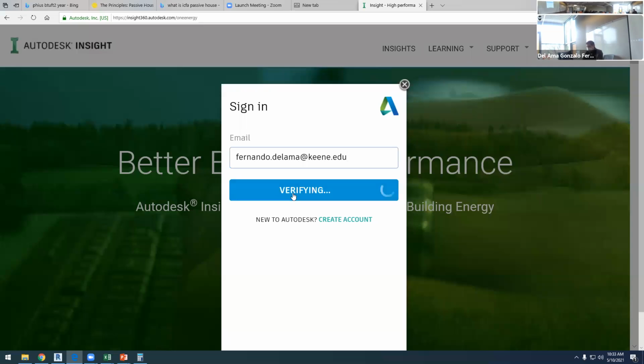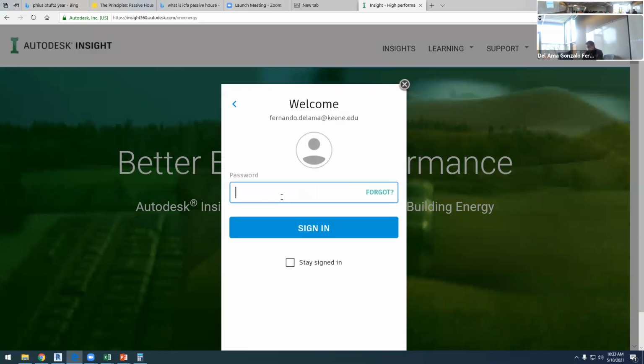Remember that you have to sign in with your KSU account and password.